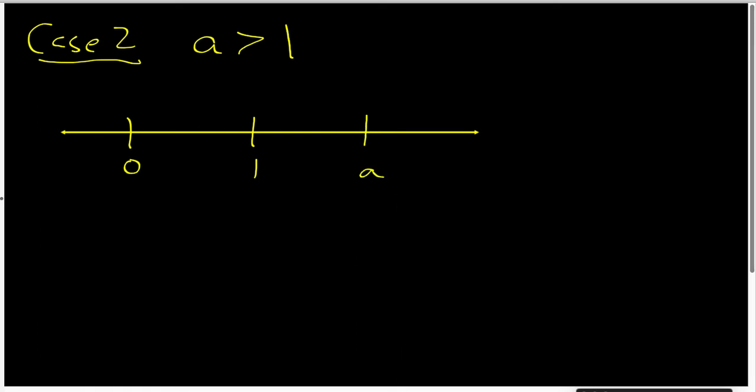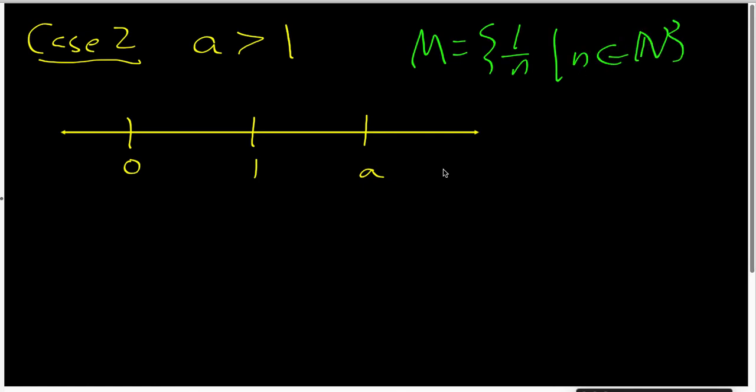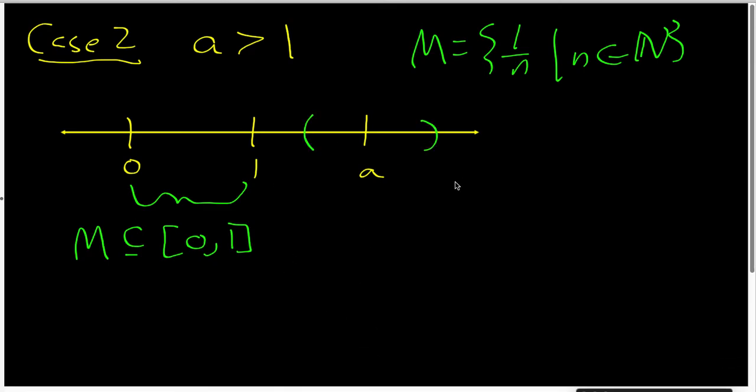Since M is the set of reciprocals of the natural numbers, all of the elements lie inside the closed interval between 0 and 1. And because A is strictly bigger than 1, I can certainly find a little delta ball where the delta ball intersected with this closed interval is empty.